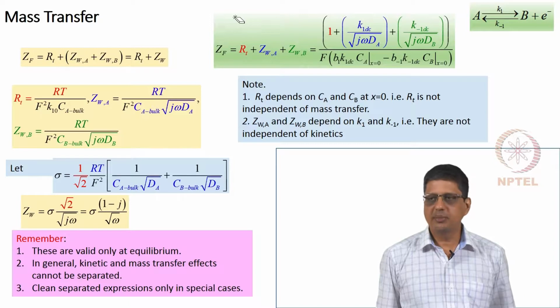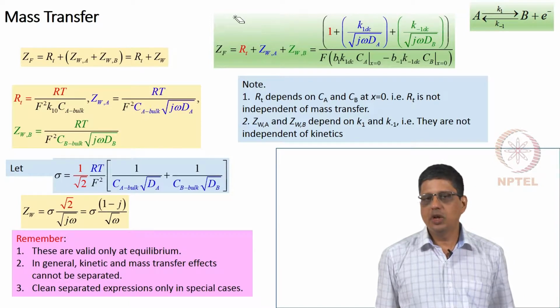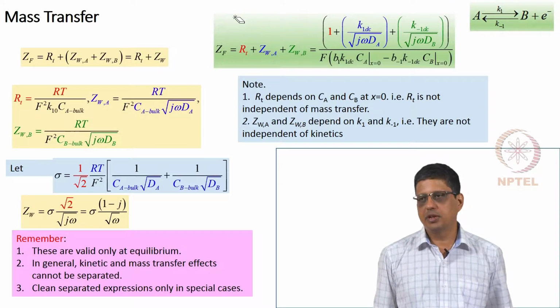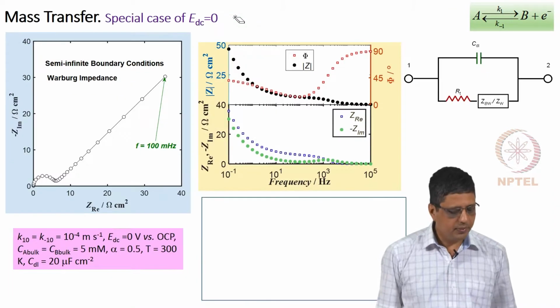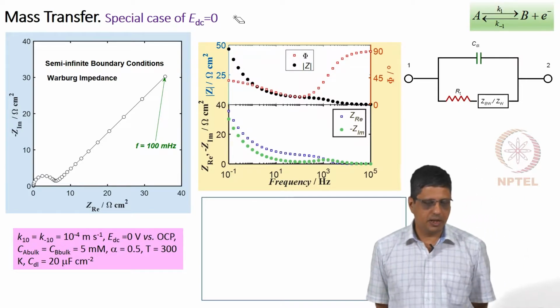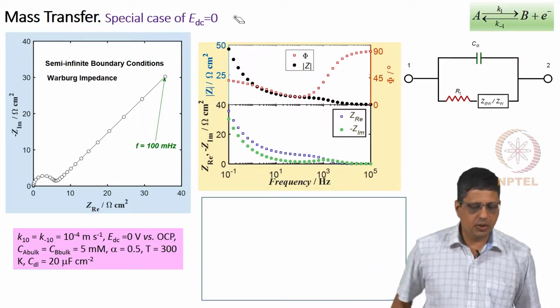And of course, if you have semi-infinite boundary condition, only EDC equal to 0 is the steady state condition. You will not get steady state condition for any non-zero value of EDC. And we have seen that the complex plane plot would look like the one that is shown here.